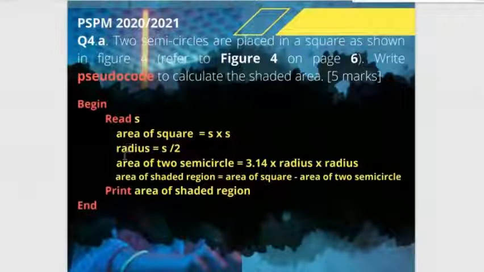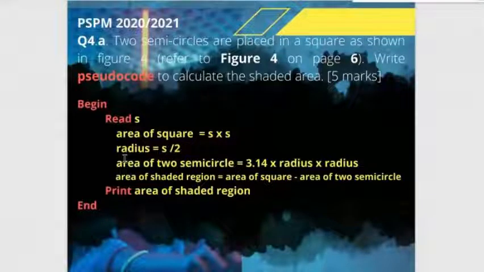Okay, so area of two semicircles equal to 3.14 times radius square, or pi r square. Okay, pi r square. What happened if you use r here? I don't think it's going to be a problem. Radius or r, it is understandable, but make sure that your input name is S, since the label is S. So you must use it. If not, 1 mark will be deducted.